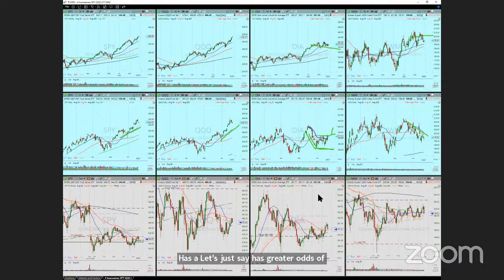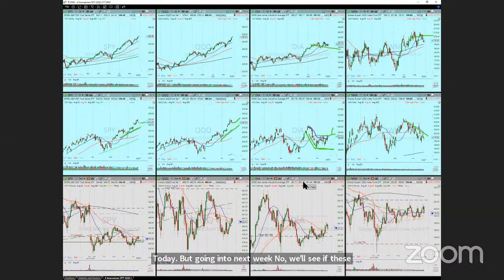trade than these do, especially in a quarterly options expiration, where it's more likely that none of them are going to do very much other than chop you up today. But going into next week, we'll see if these diamonds can play some catch up.